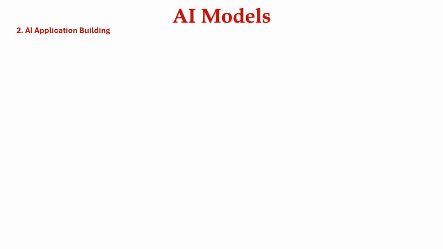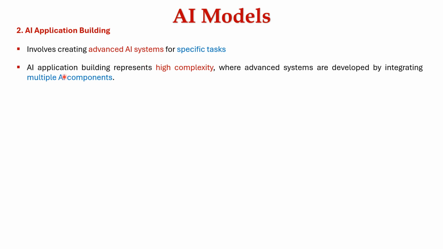The next key area is AI application building. It involves creating advanced AI systems for specific tasks. AI application building represents high complexity where advanced systems are developed by integrating multiple AI components.